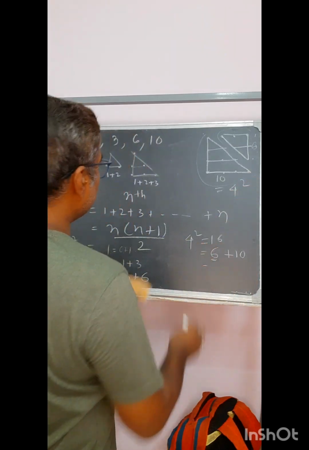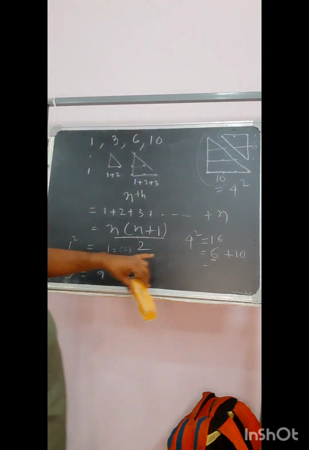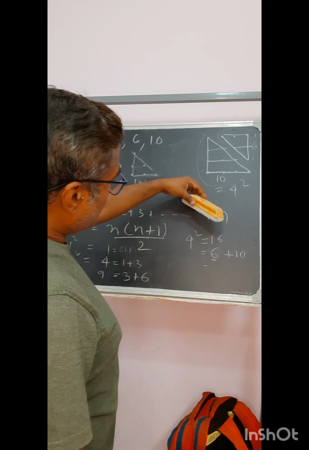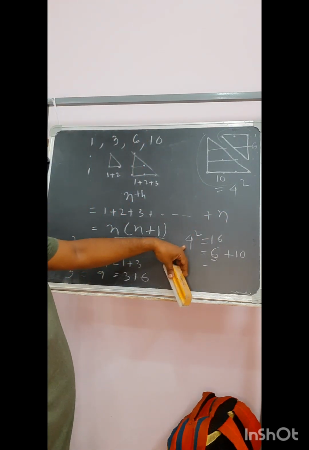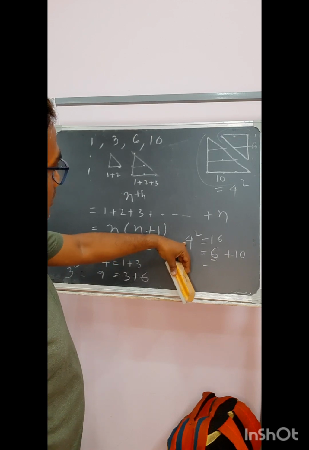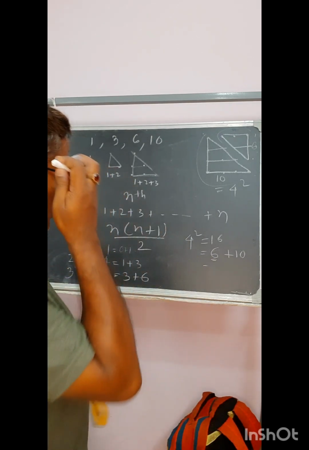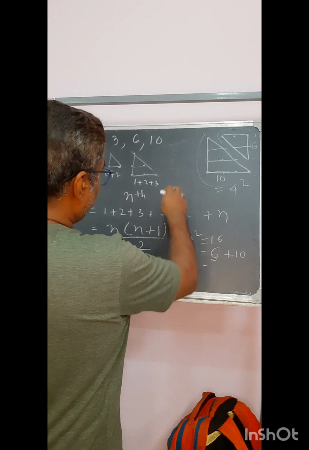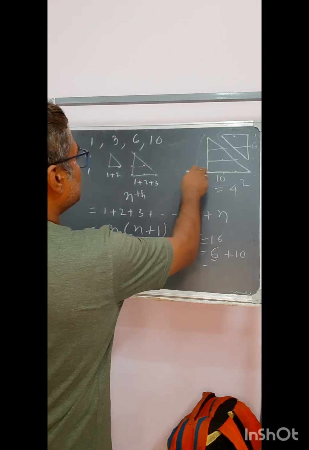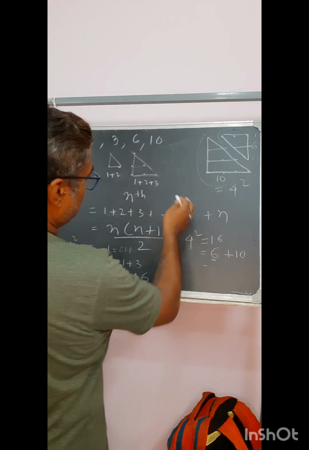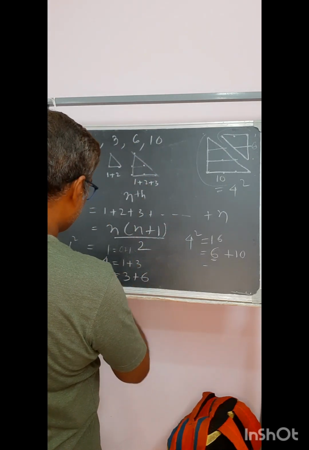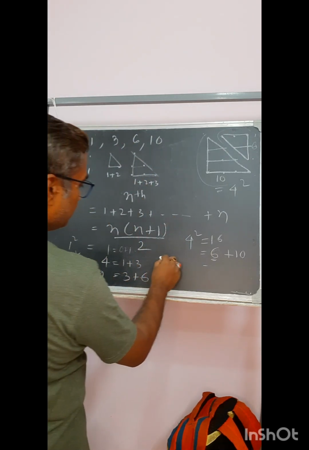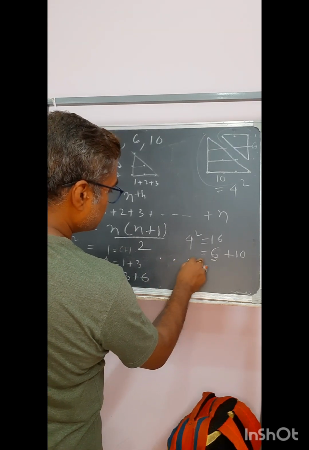So any square can be represented with consecutive triangles. In this case also, if I take the example of 3 square equal to 9, so 9 again is a square.